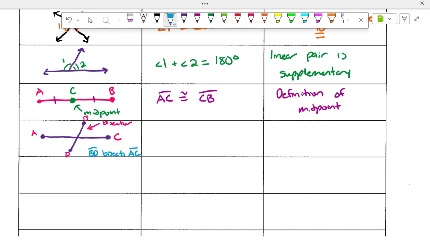What does a segment bisector do? It splits it in half. So if BD bisects AC, that means that on either side of it, it's two congruent segments. So let's call the point that they intersect at E. Which, by the way, would make E the what of AC? The midpoint. So that means that AE is congruent to EC, because that's the definition of segment bisector.